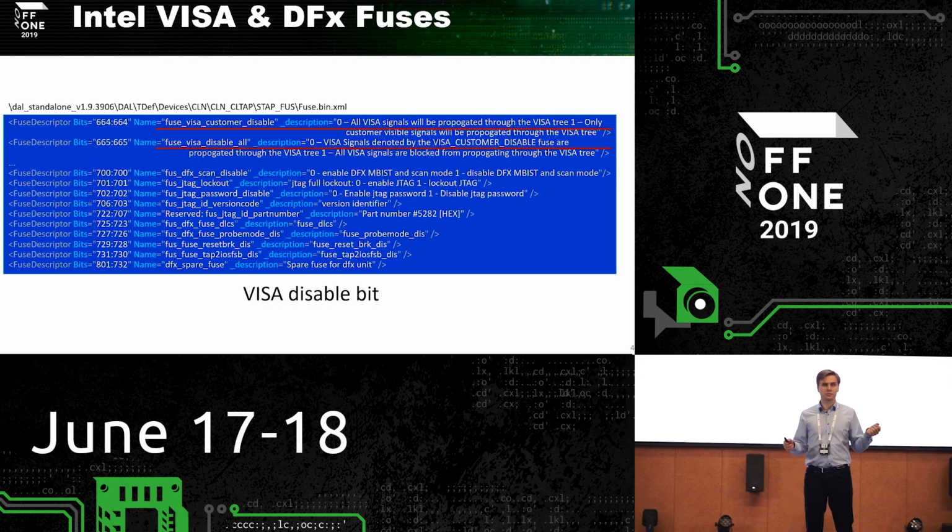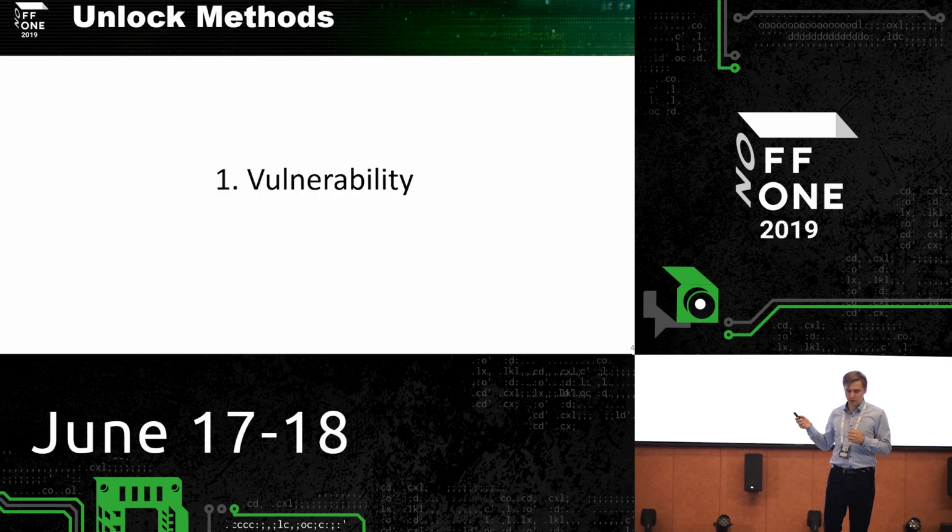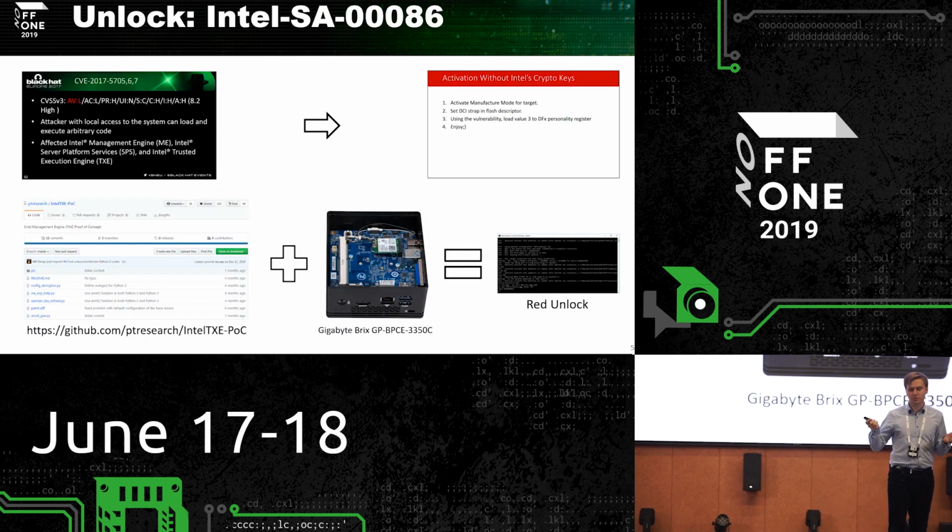We've also discovered that it looks like there's a fuse that allows disabling Visa on production systems. But as you will see in the future or have seen in demos, these are not the platforms where it works. So how can it all be enabled? 2 ways.